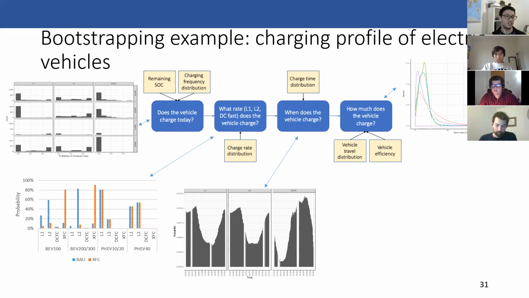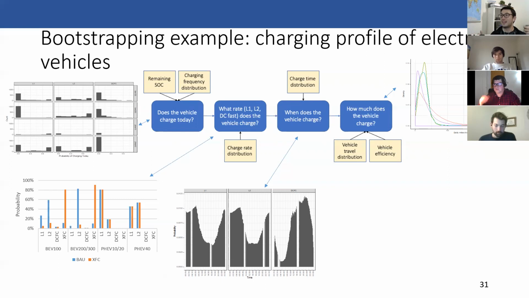I should know whether or not the vehicle charges today, how fast the vehicle charges, what time the vehicle charges, and how much the vehicle charges. So how much energy does it need, right? And all of these questions have different distributions associated with them.